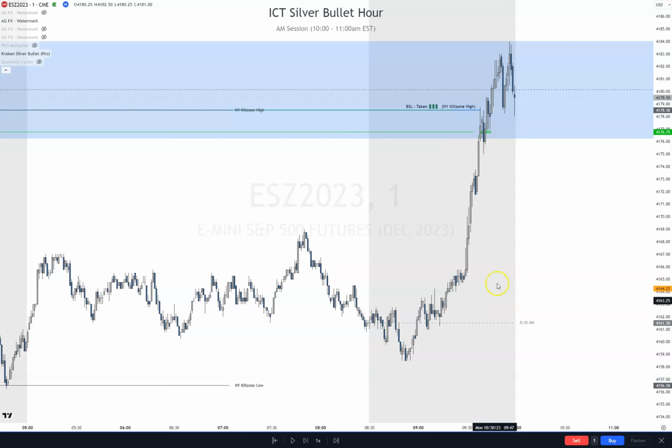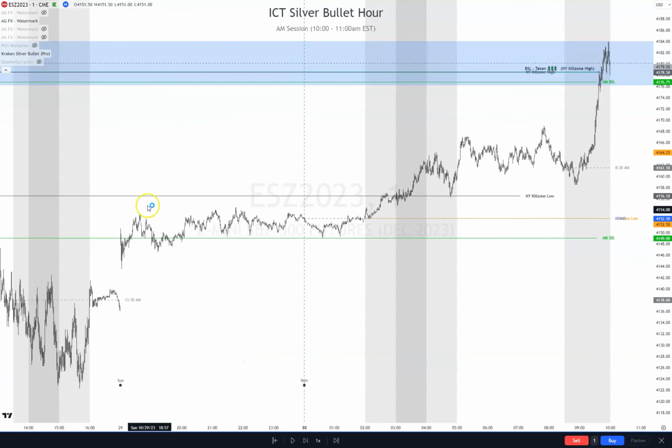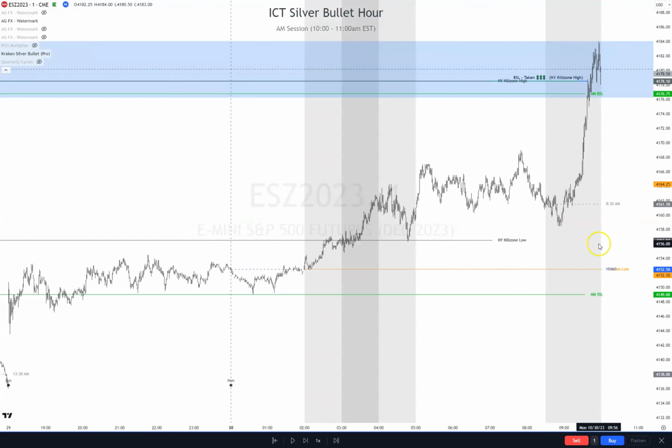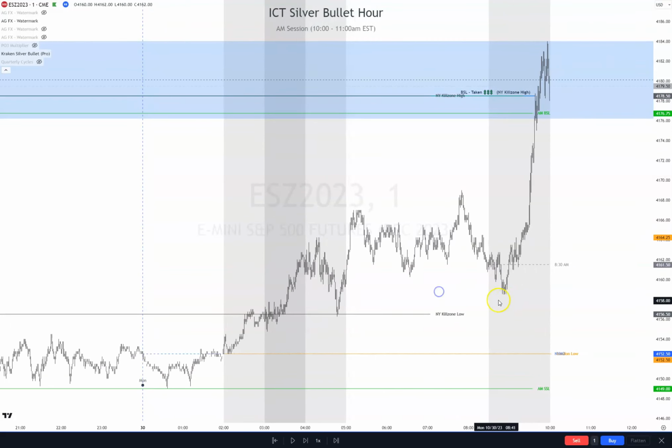So buy side's taken. We have our London low here already, and the Killzone low is here. It's been taken, but like I said, it's going to change over right when we go to 10 o'clock. So to this new low. So we'll leave that because it hasn't been taken yet.